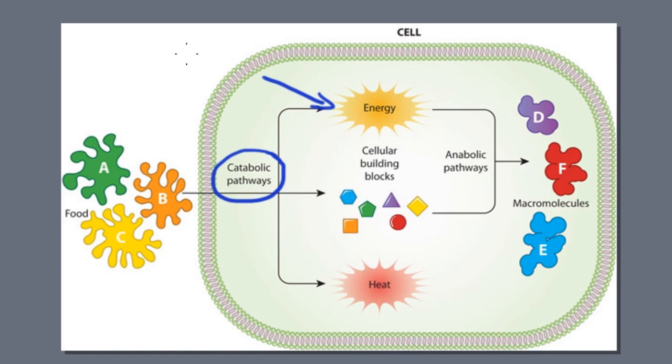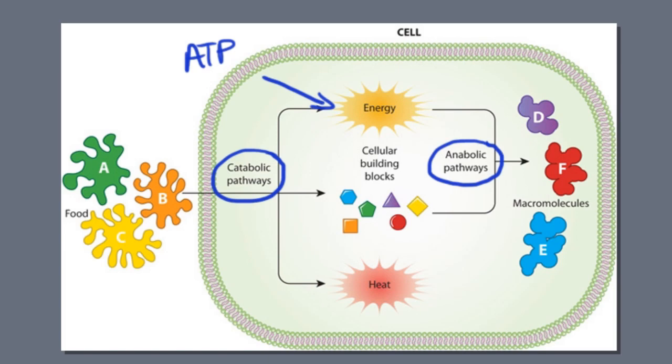So that energy that we're getting is typically going to be in the form of ATP, and ATP is going to be a very good usable energy source for the other type of pathways, which are the anabolic pathways. So the anabolic pathways here, they're going to utilize these two things that we did get from the catabolic pathways. They're going to take the energy in the form of ATP, and they're going to take those building blocks or those individual simpler components, and they're going to reassemble them into the specific macromolecules that the cell needs.